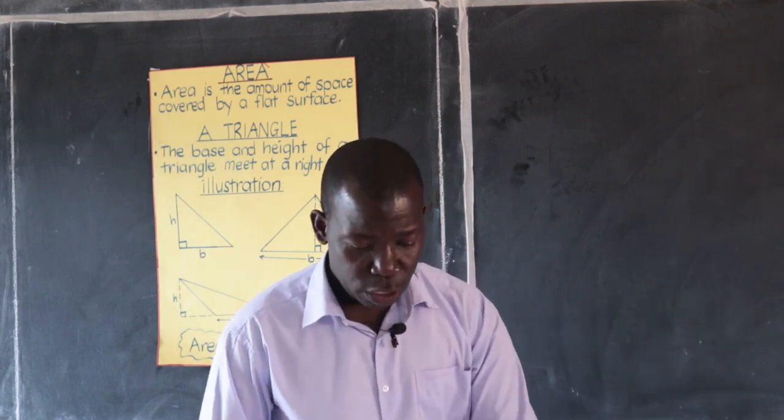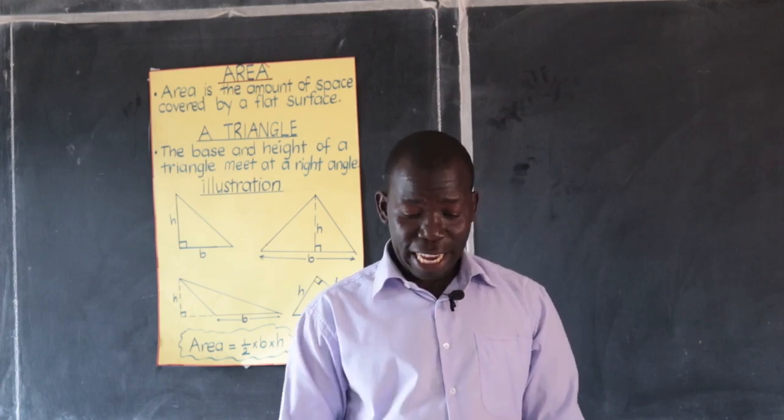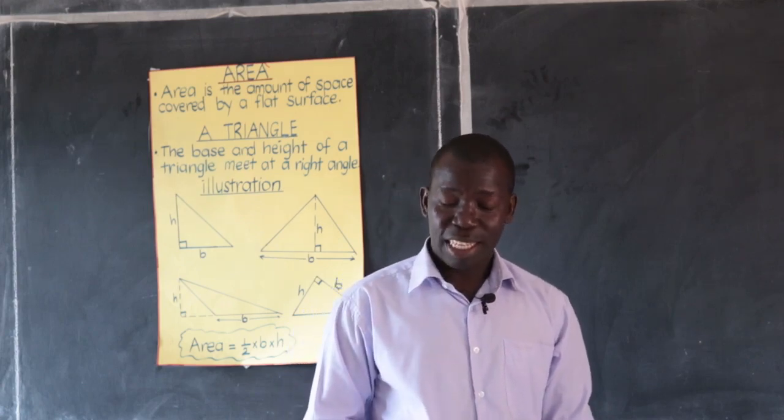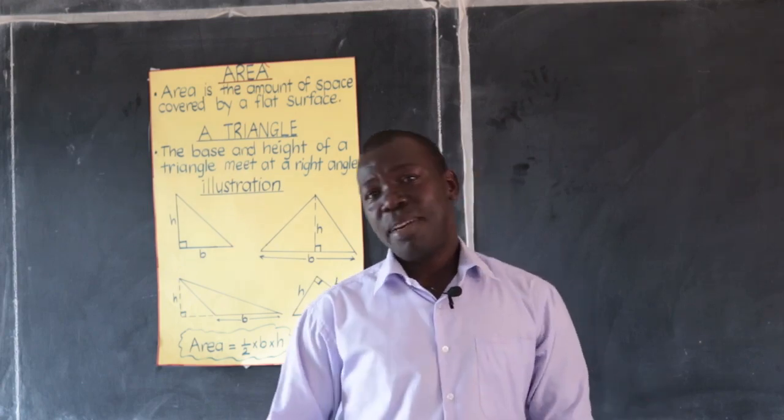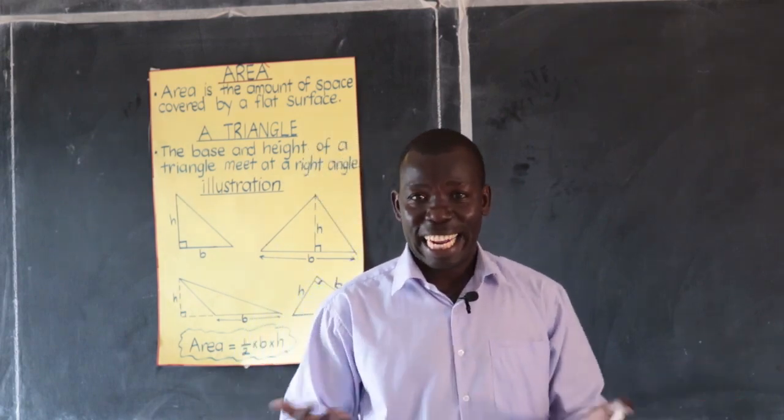We talked about hectares. The area of a square region of side 100 meters is 1 hectare.